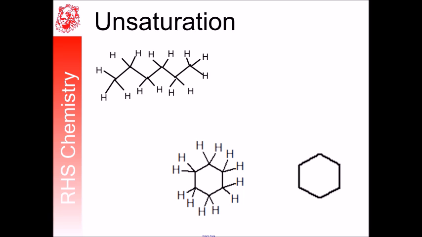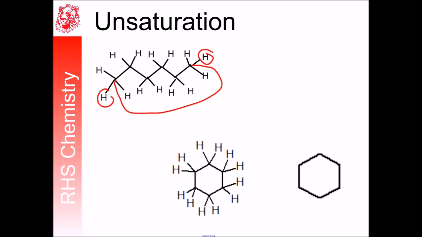Unsaturation in rings. In order for you to create this ring, we've got 6 carbons, 1, 2, 3, 4, 5, 6. You'd have to start with an alkane, so you'd have CH3, CH2, CH2, CH2, CH2, CH3, and you'd have to go and remove that hydrogen right there and that hydrogen right there in order to form a long bond all the way to there to form your ring. And so there are 2 hydrogens that are missing in this case.